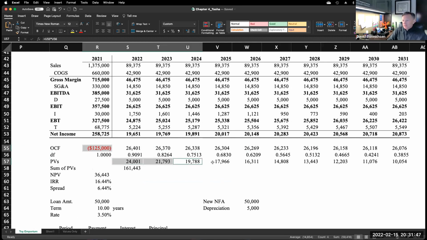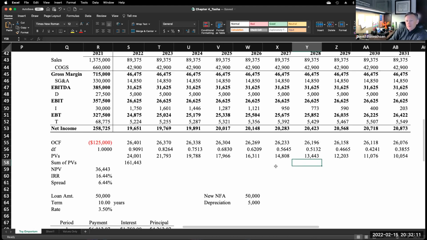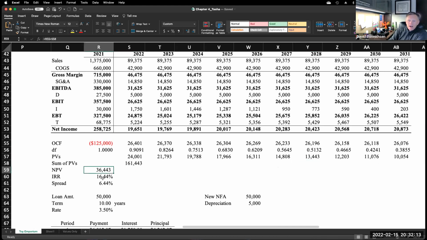Still negative, still negative, still negative, still negative, still negative. And then finally out here in 2028, I wind up having a positive present value. But what part of 2028? We're going to talk about that next week. It's called the payback time frame. And we've got NPV and IRR and spreads.